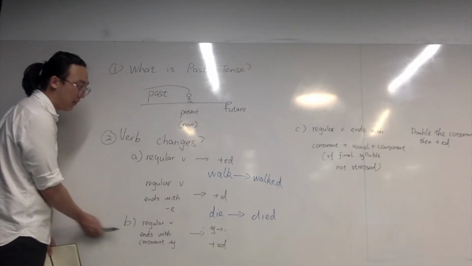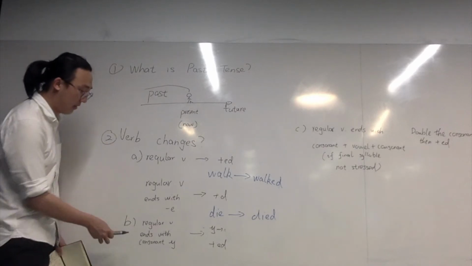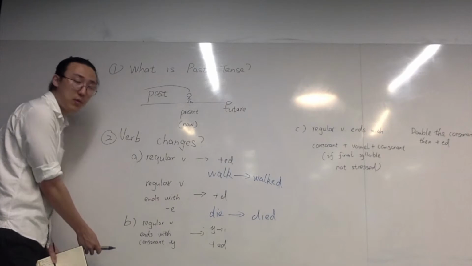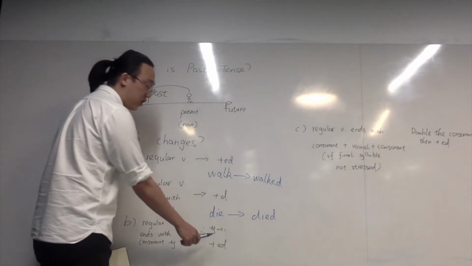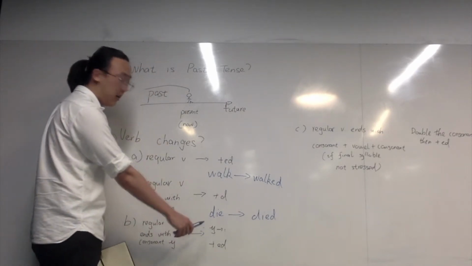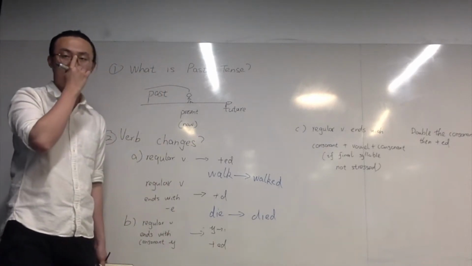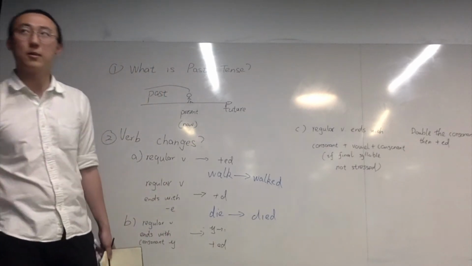If you have a regular verb, like a normal verb, that ends with a consonant plus Y. We learned about consonants before, yeah? We need to change the Y to I and add ed. I know that it is a little bit confusing.